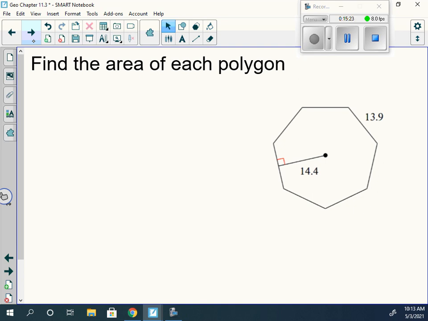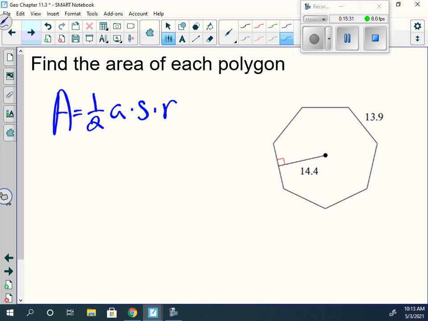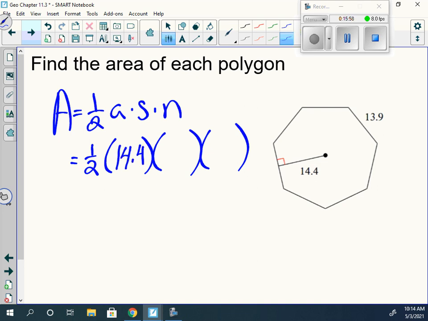So let's look at this first one here. They didn't tell us what the perimeter was, so we'll need to do 1/2 the apothem times the side length times the number of sides to solve for this. So when we look at this picture, what is the apothem? 14.4.